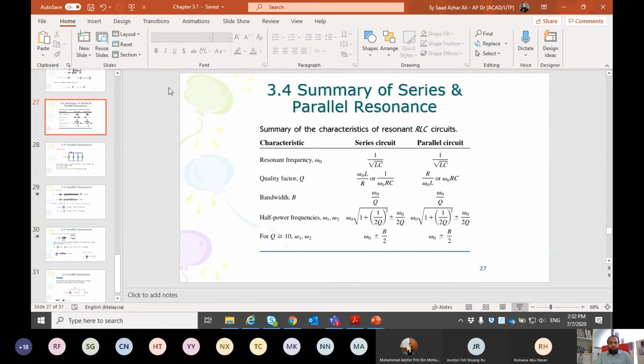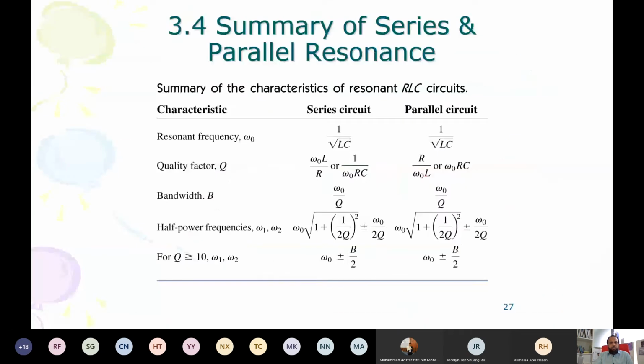If you look at the formula, we have Q in terms of 1 upon omega naught RC. So this is one way to look at it. Quality factor of 40.